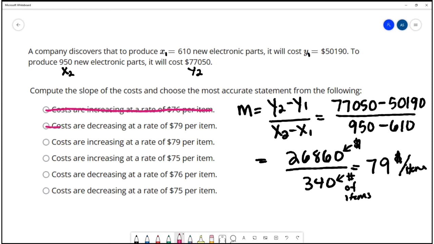So we do have the right slope, but it's decreasing. Costs are increasing at a rate of $79 per item. So this one is correct, and these other ones have the wrong slope. So we have the costs are increasing at a rate of $79 per item.